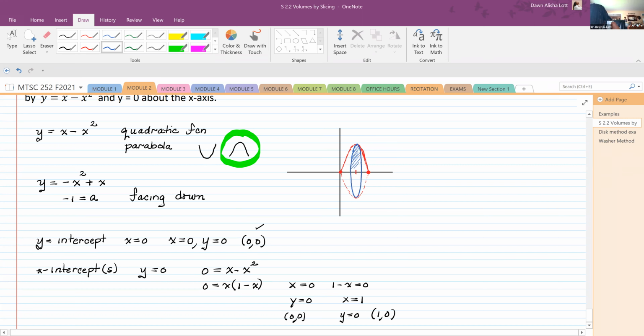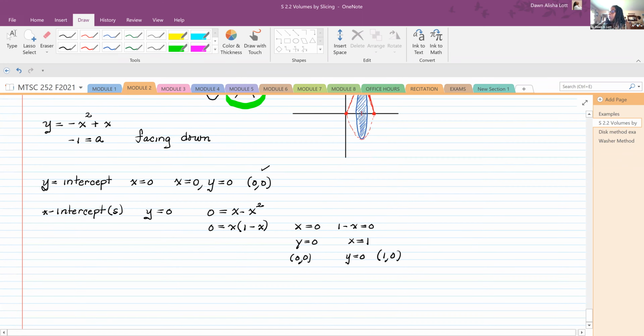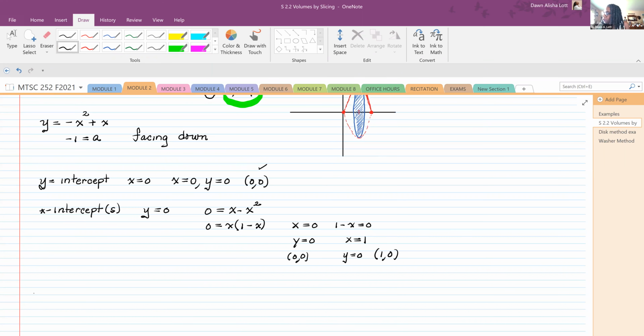So what method am I using? In order to create this volume, I am going to use the disc method. And what is the formula for the disc method?